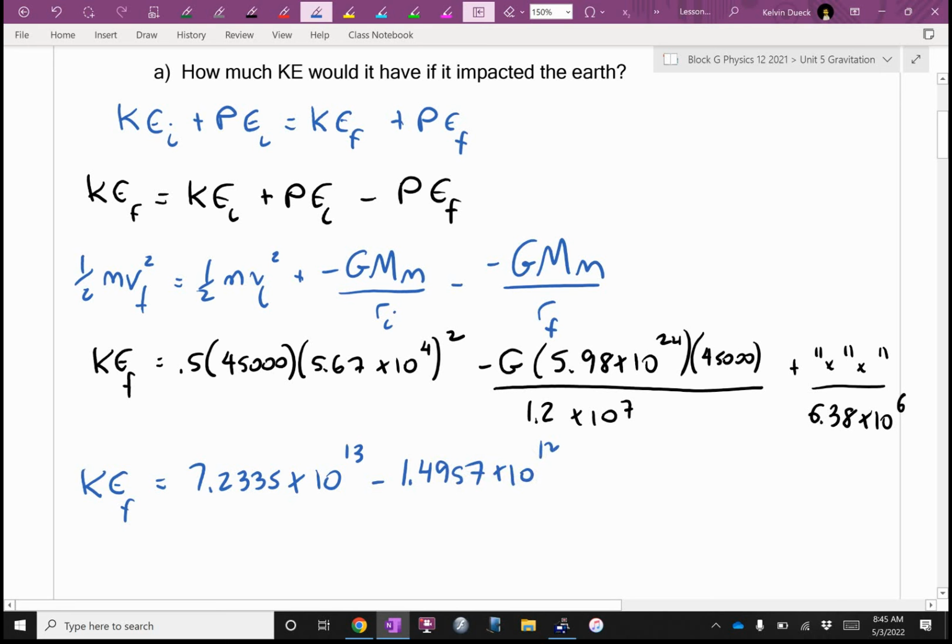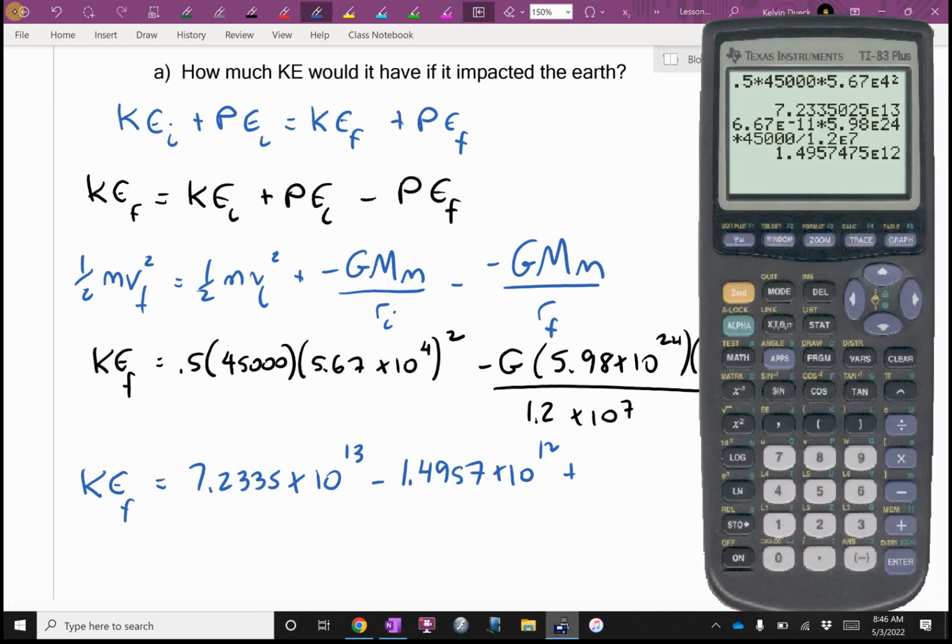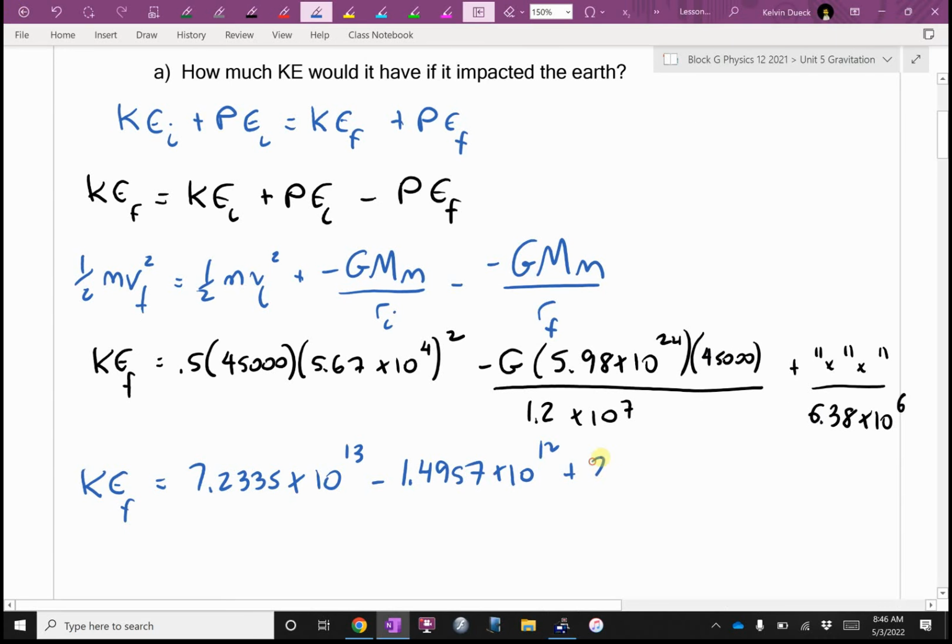Is that correct? Everybody else got that too? And then plus, at least I can backspace and edit this, 6.38 times 10 to the 6th. 2.8133 times 10 to the 12th.